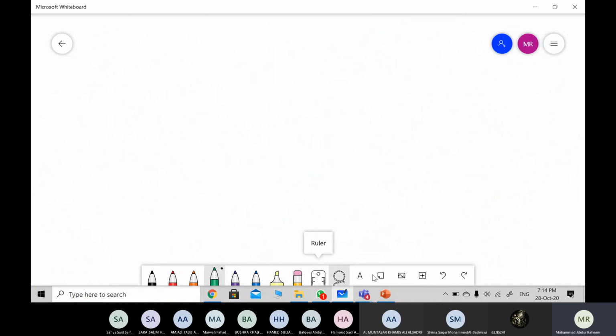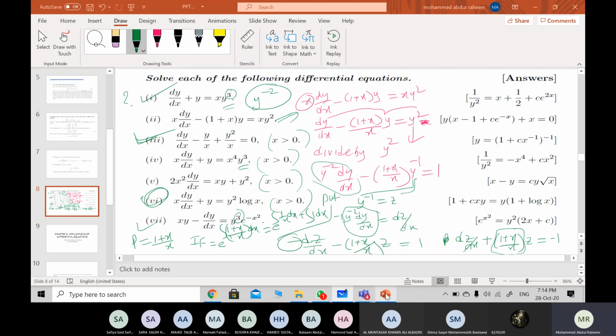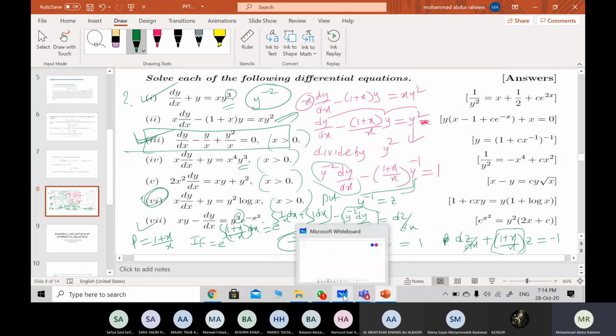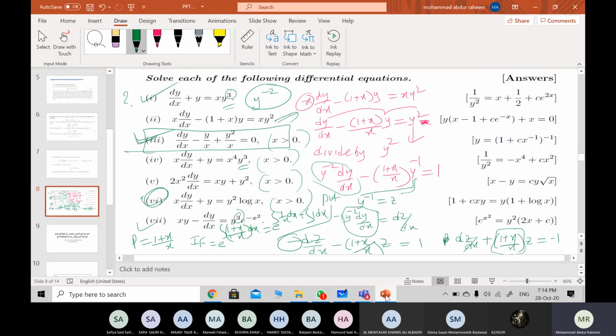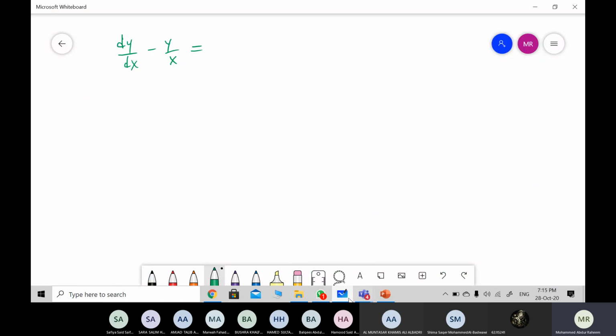Next one. The question, I will just guide you on this one. dy by dx minus y over x equals 0 plus y square x.